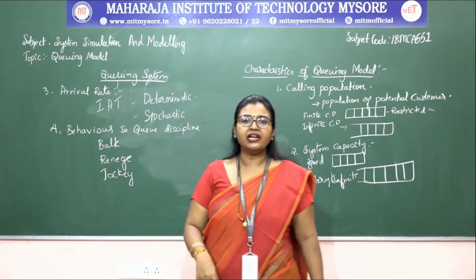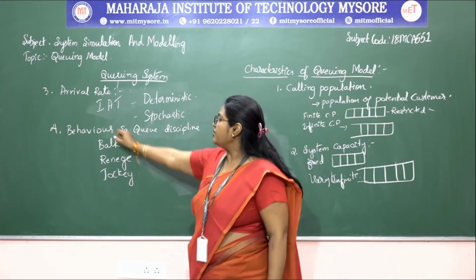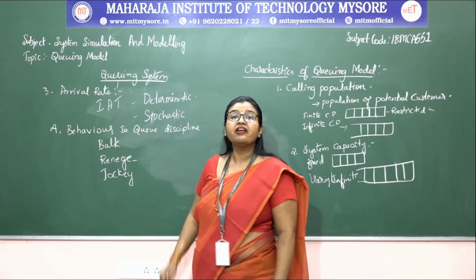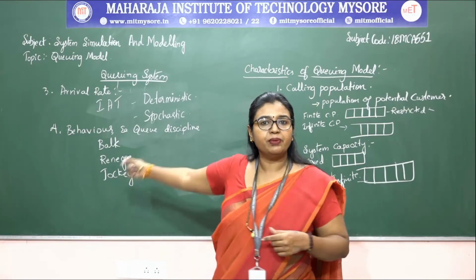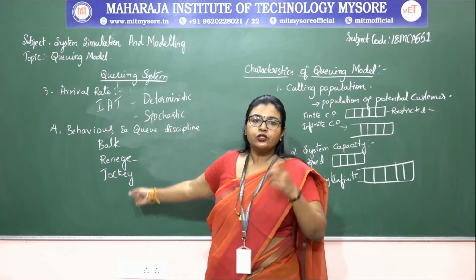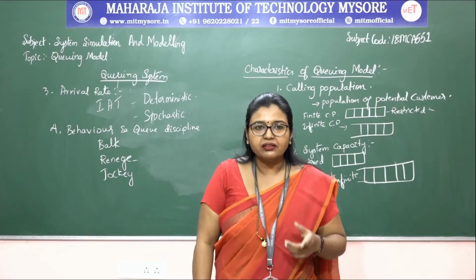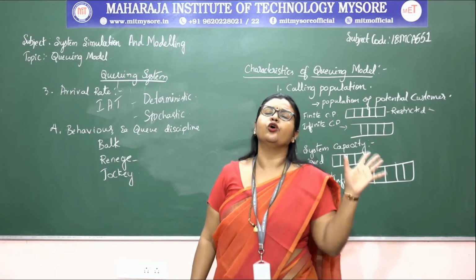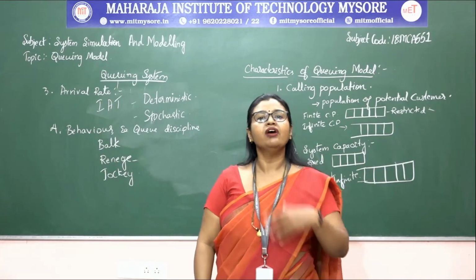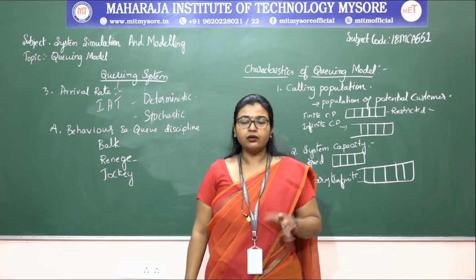Okay, and another behavior of the customer is renege. So depending upon the waiting line, these behaviors we are discussing. After being in the line, when they think that the line is moving too slowly, he will think of leaving the system.